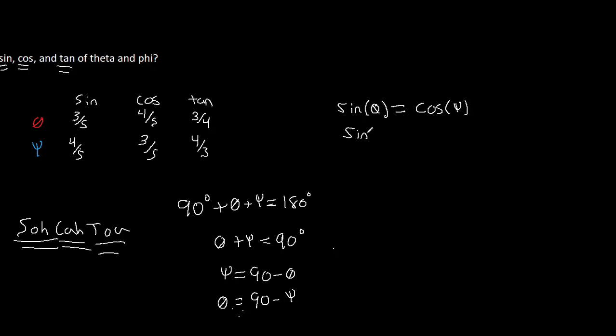The sine of phi is equal to the cosine of theta, and the tangent of theta is going to be equal to the inverse of the tangent of phi. Hopefully my phis and my thetas aren't getting too close together. Hopefully you can tell them apart.